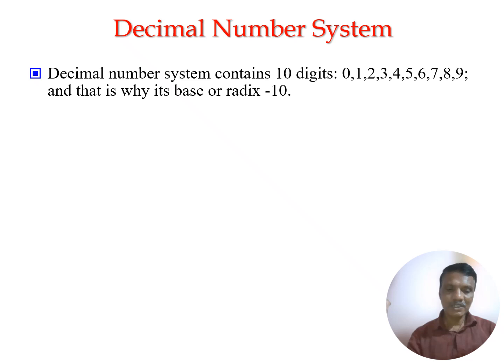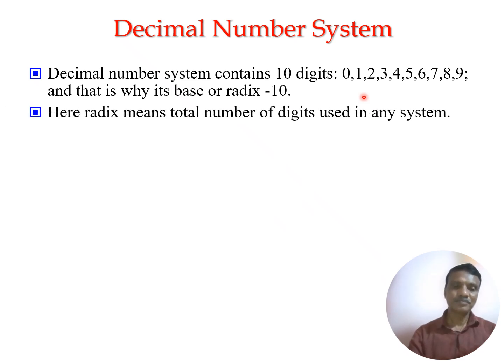There are 10 numbers in the decimal number system, which are called digits. At the same time, it is also known as the base 10 or radix 10 number system.